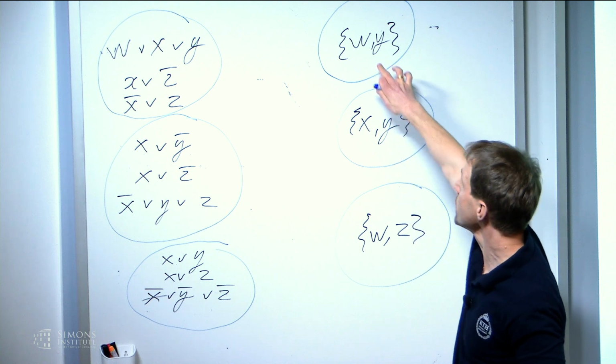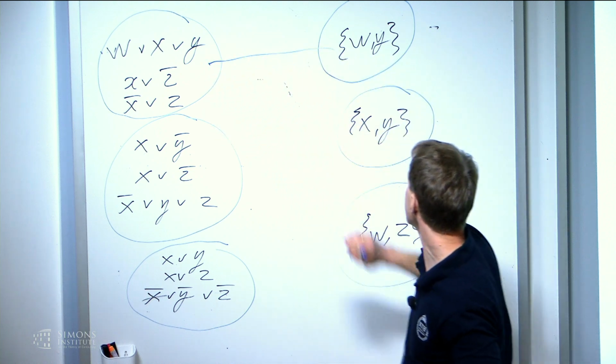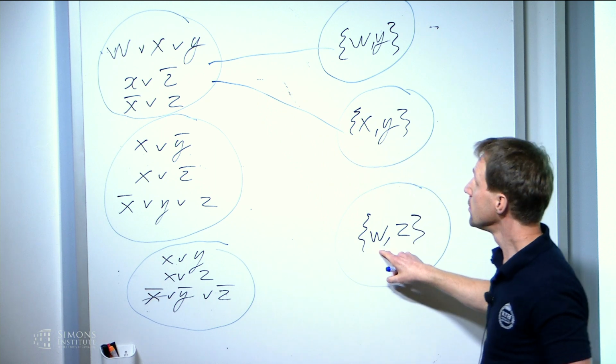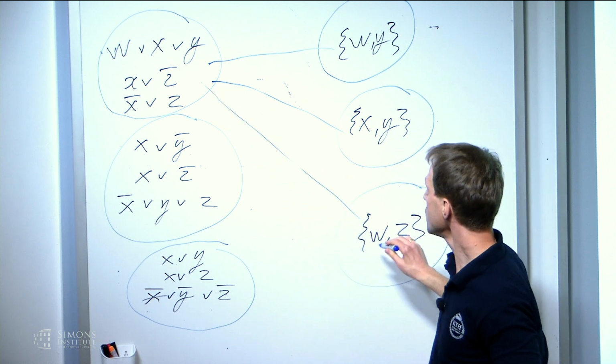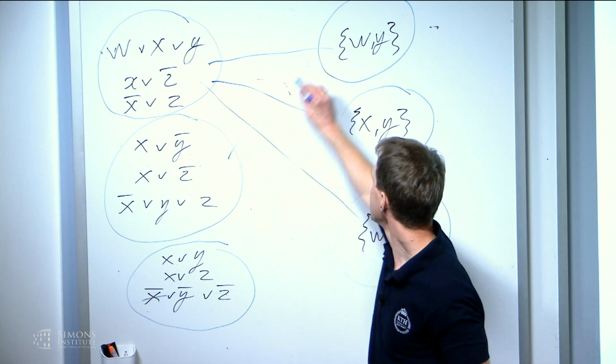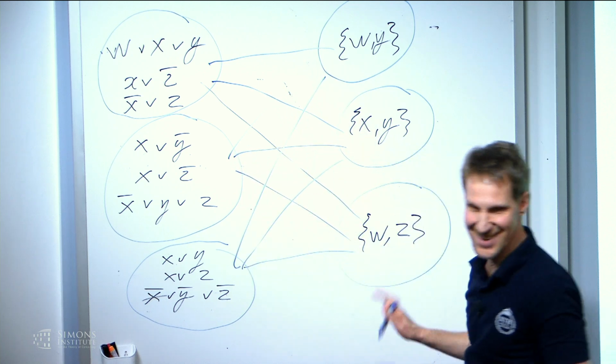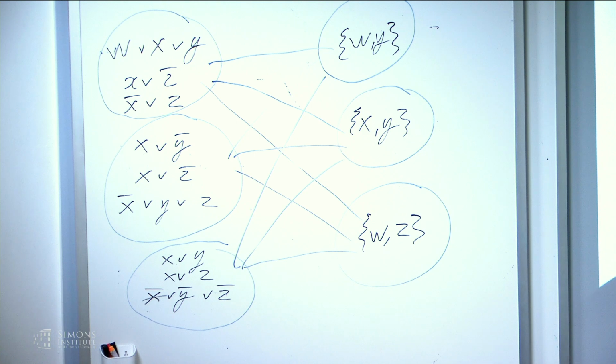For instance, w appears here, so we have an edge. X appears here, so we have an edge. W appears there also. So it's kind of a boring graph here, but this doesn't always happen. Okay, good.